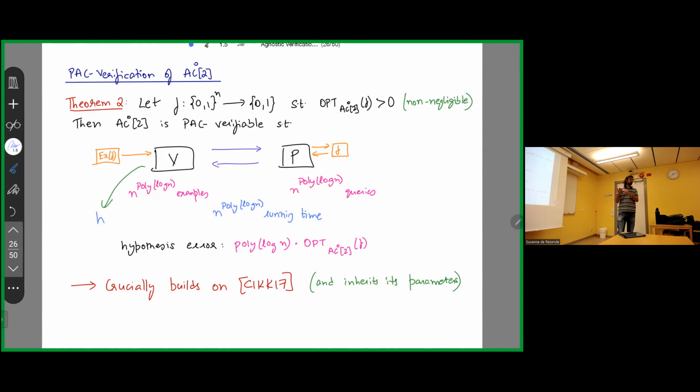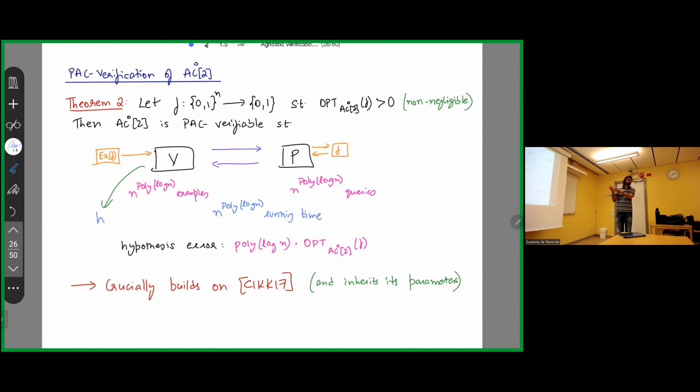We again show PAC verification protocols for AC0 parity, where if the opt value is bounded away from 0 for a given function f, then AC0 parity is PAC verifiable, such that it uses quasi-polynomially many random examples. The prover uses quasi-polynomially many queries, and the hypothesis error is polylog n times opt.